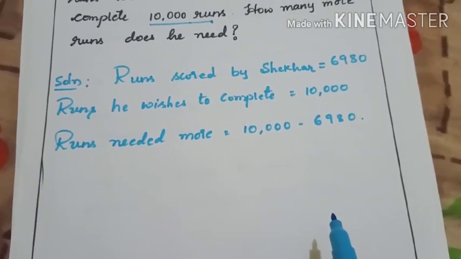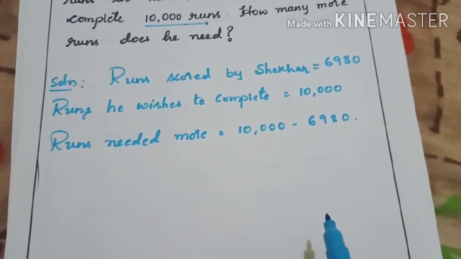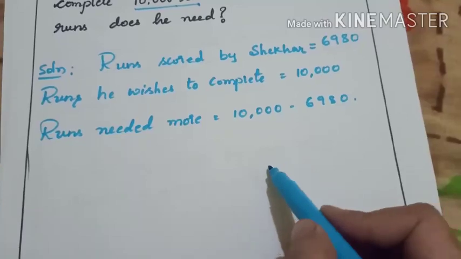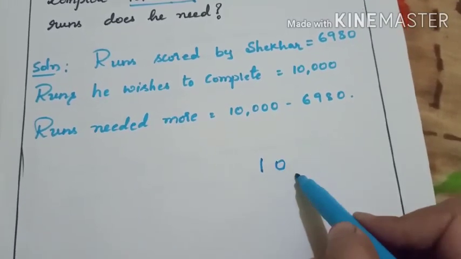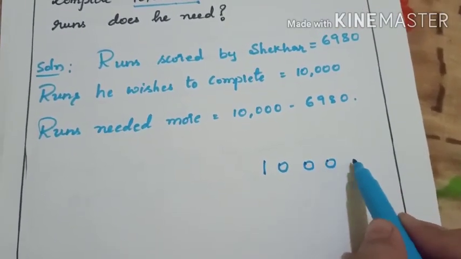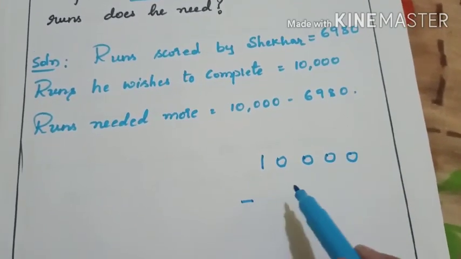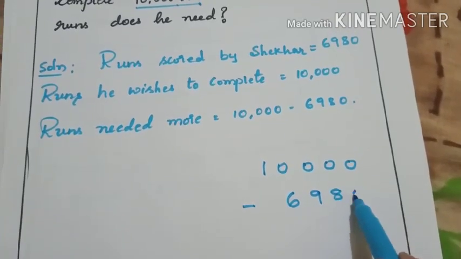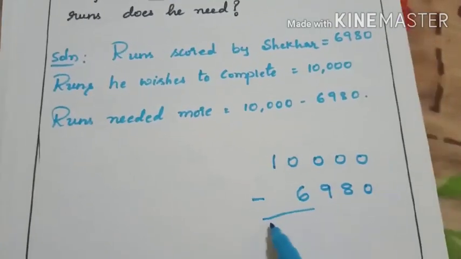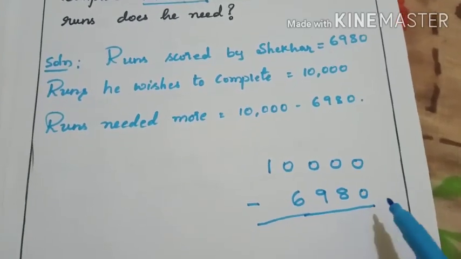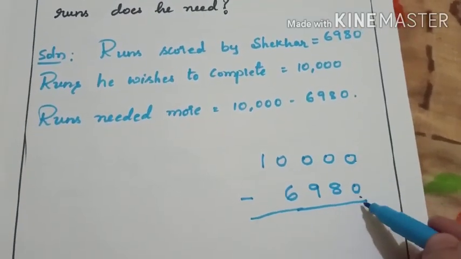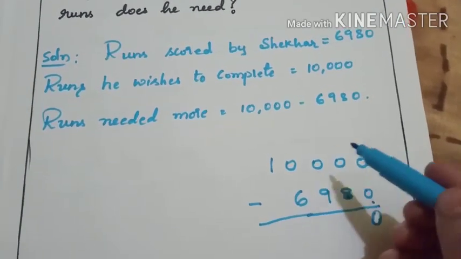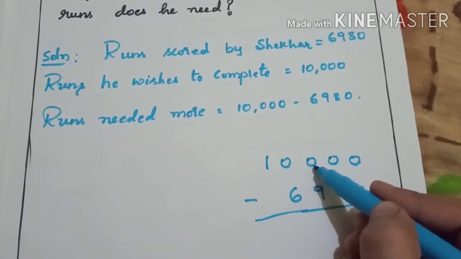So subtract 6,980 from 10,000. Write down 10,000 minus 6,980. Now subtract this. 0 minus 0, 0. 0 minus 8 is not possible. To take a borrow, here also it is 0.